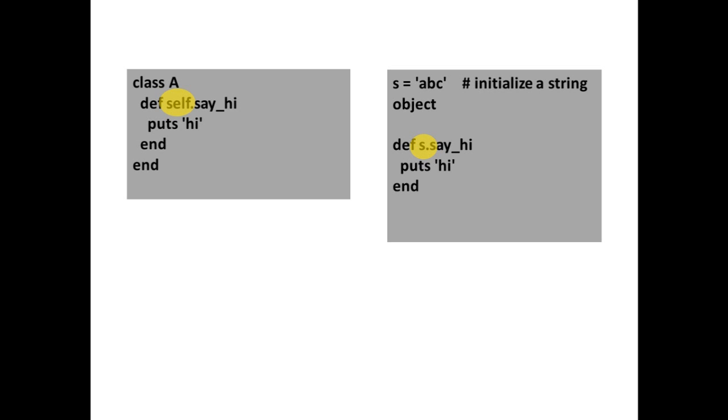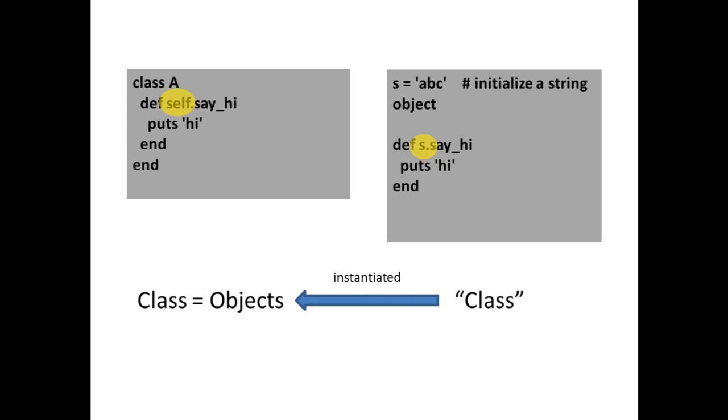The truth about Ruby is, in Ruby there's no such thing called class. All the Ruby classes are actually objects that are instantiated from a specific class, which is called class. Those class names, like the A here, are just constants that point to the objects instantiated from the class.